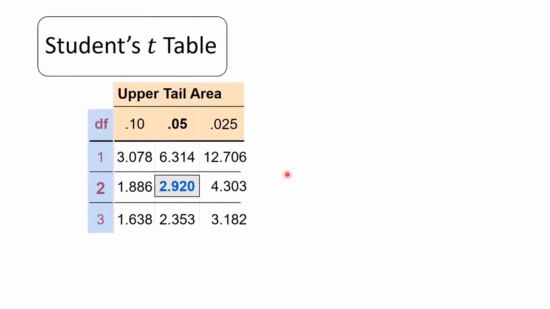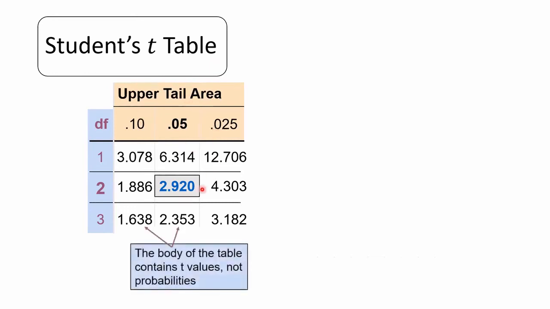Right, so the t distribution table: in the first column you have your degrees of freedom. I will show this when we are doing a problem. Your first column will have degrees of freedom, and then you're given the upper tail area. What's important to keep in mind is that the values in the table are t values and they are not probabilities.